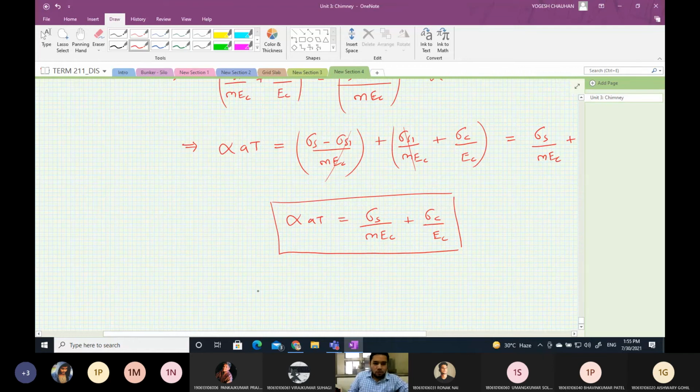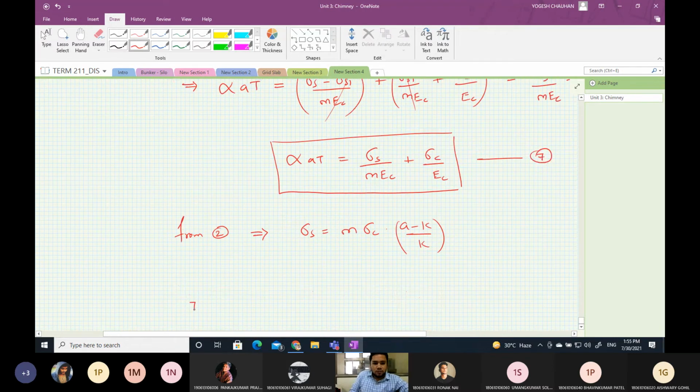And we also know from equation 2 that sigma s is equal to m times sigma c times (a minus k) by k. We substitute here, let us say this is equation number 7.